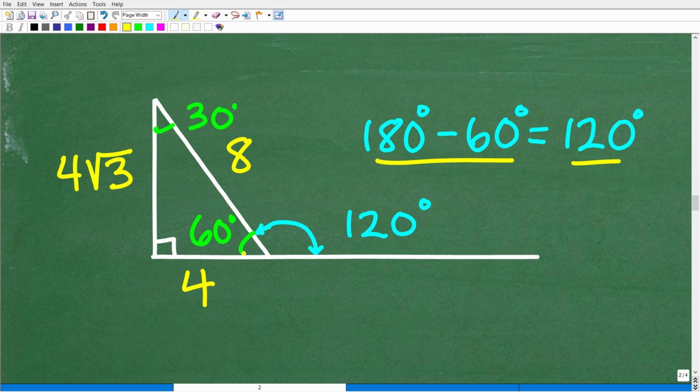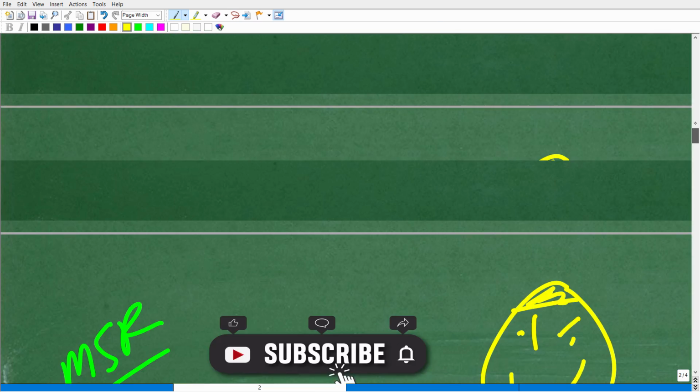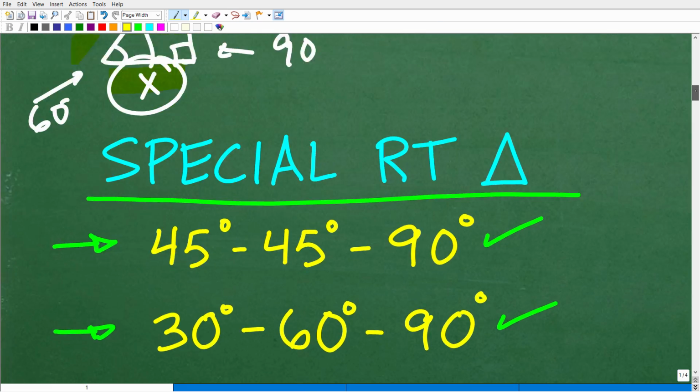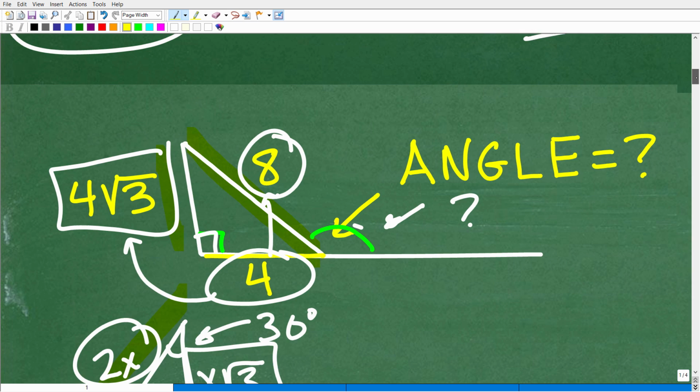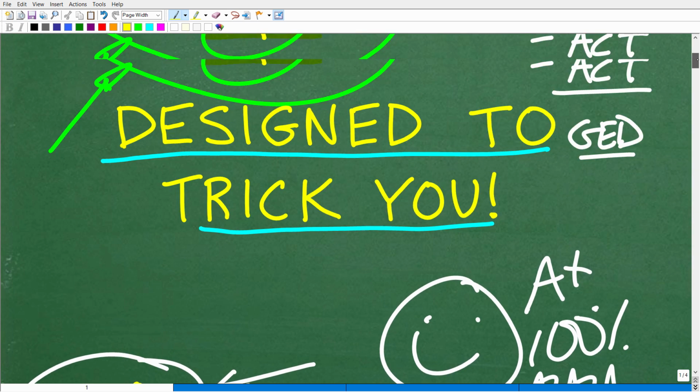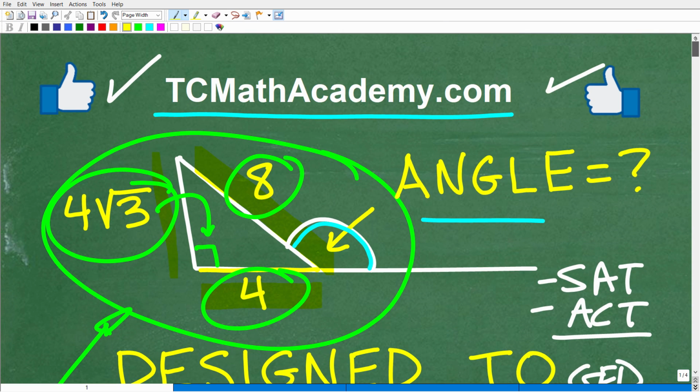But I can tell you right now, there's a couple big points in this problem. So one, you got to be able to recognize special right triangles, right? This is really, really important stuff. Two, you got to be very careful when you're taking math exams that you can't assume anything more than what's on the figure of the exam, even if it looks like something that doesn't appear to be right.